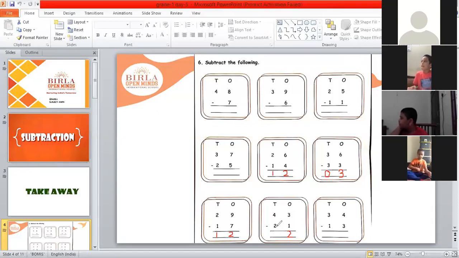See here properly. 4. Now show me your 4 fingers. Now from these 4 fingers, how many fingers you will remove? 2. Now remove 2 fingers. How many are left? 2. So now tell me what is the answer? 22. Yes. So answer is 22. That's the correct answer.